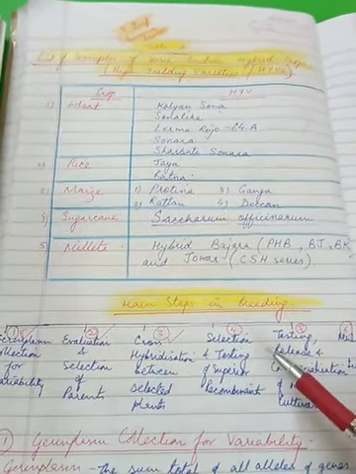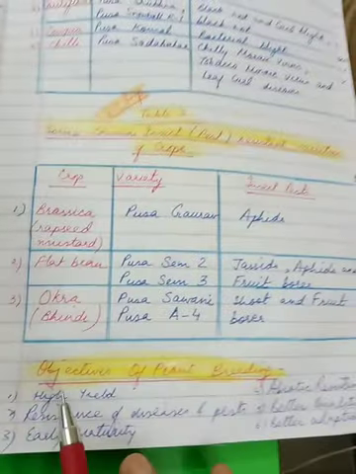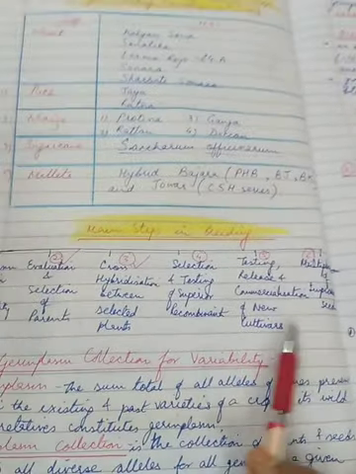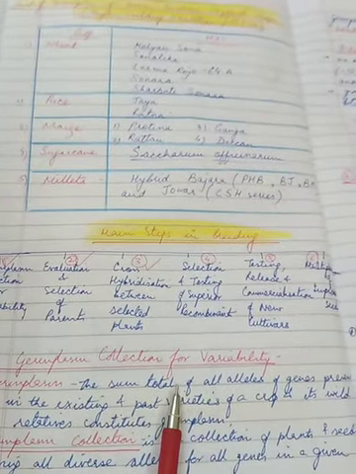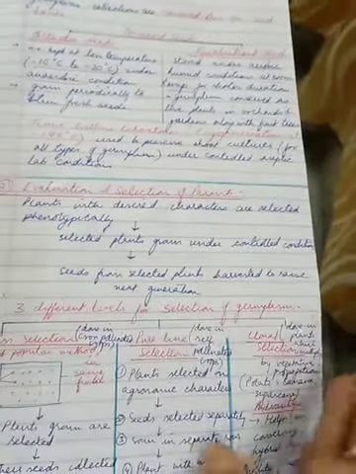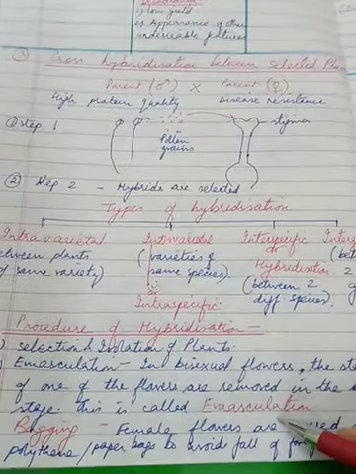Then we introduced the main steps in breeding. First we studied the objectives of plant breeding, and then we had the detailed steps. We discussed it under 6 headings, from germplasm collection for variability to evaluation and selection of parents. Then cross hybridization between selected plants, where important terms like emasculation and bagging were discussed.